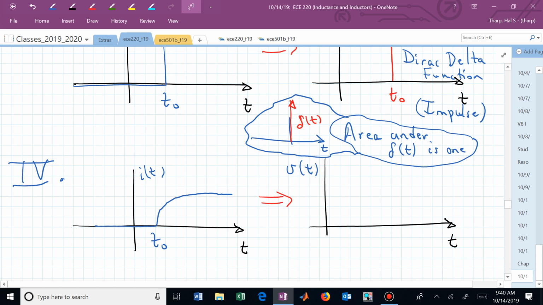Would we have voltage? When would we have some non-zero voltage? Starting at t sub 0. So starting at t sub 0, we would have some non-zero voltage, and it's trying to go pretty big.